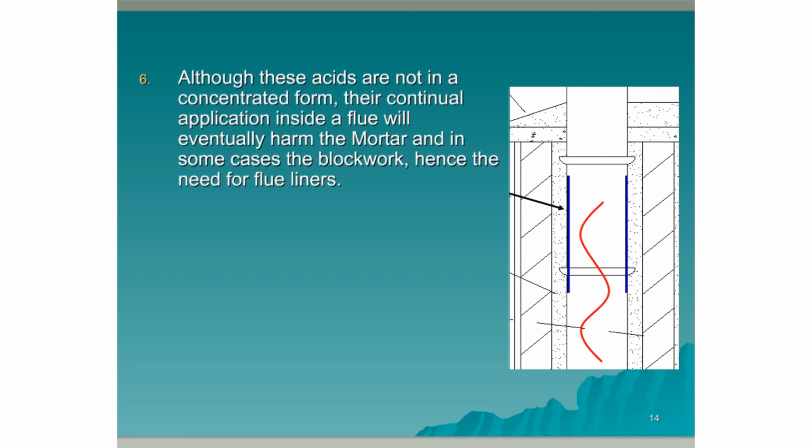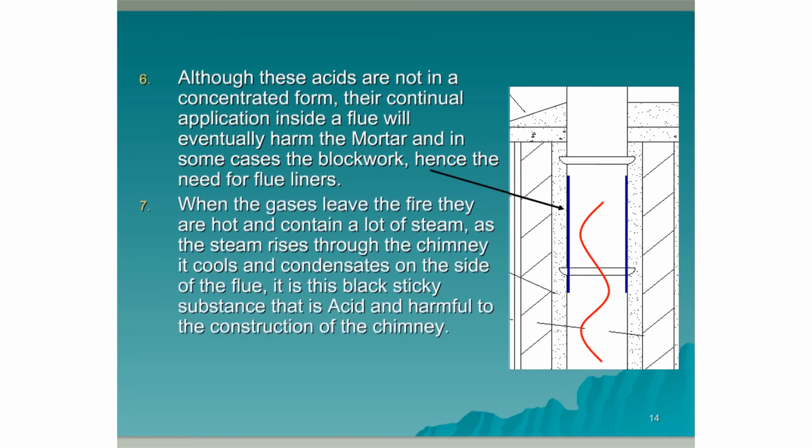Although these acids are not in concentrated form, their continual application inside the flue will eventually harm the mortar and in some cases the blockwork, hence the need for the flue liners. When gases leave the fire, they are hot and contain a lot of steam.